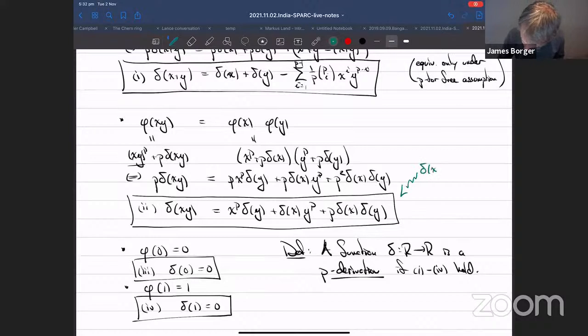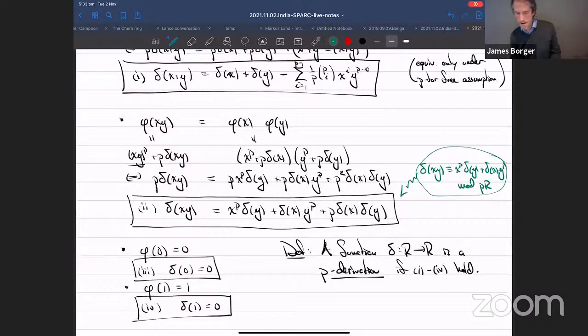We get delta of xy is congruent to x to the p delta y plus delta x y to the p, mod p. And this literally is a Frobenius twisted derivation. It's the usual Leibniz rule twisted by p. So it's reasonable to call them p-derivations.